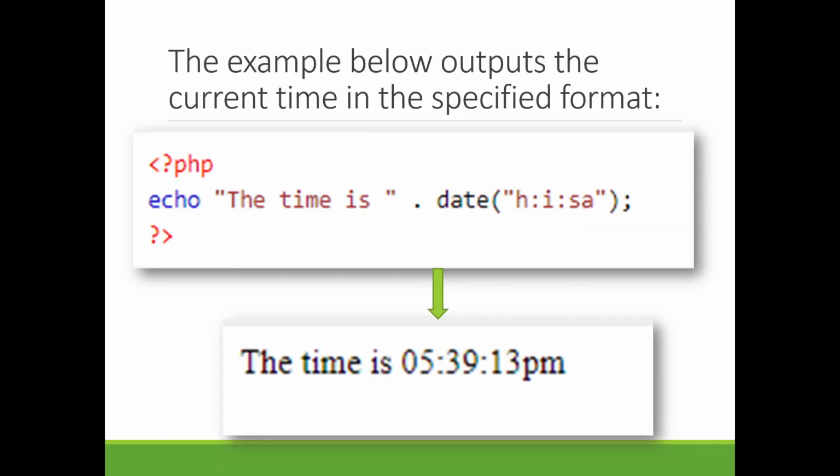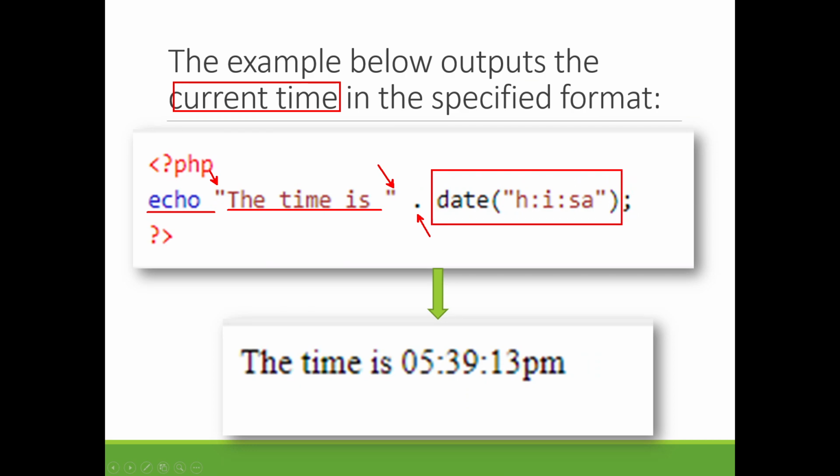Okay, so let's look at a few examples of the time output. If we wanted to print the current time, what do we do? We do echo in PHP. The time is just a string. You can tell it's a string because it's inside the double quotes there. We use the dot to concatenate. Then we use the date function here. For the date function, we've used lowercase h to get the hour in 12-hour format. So we can see it's 05, meaning it's 5. Then we are using this just as a separator.